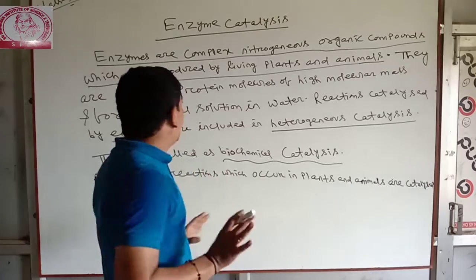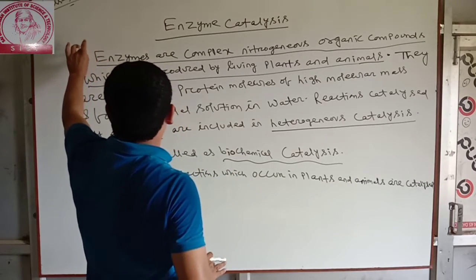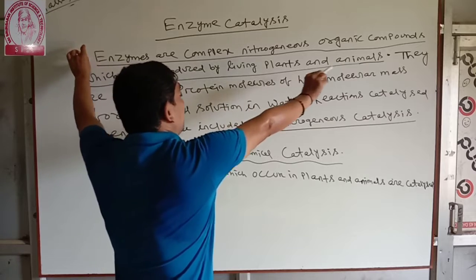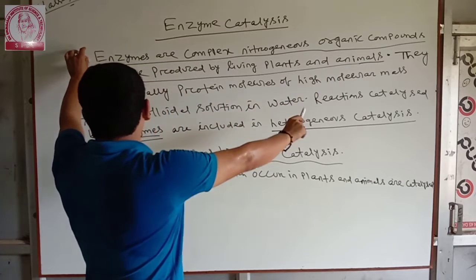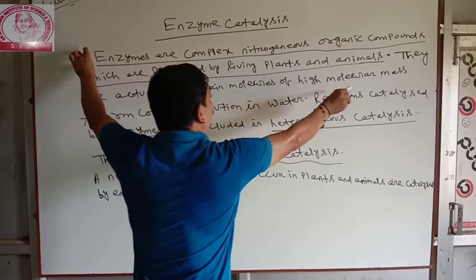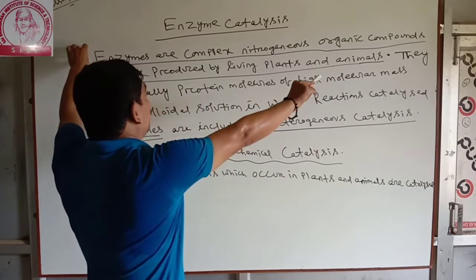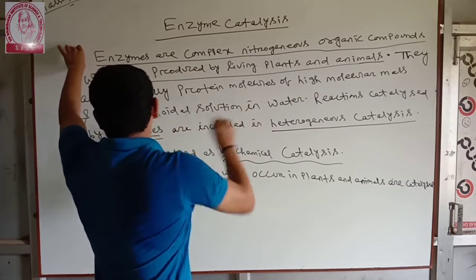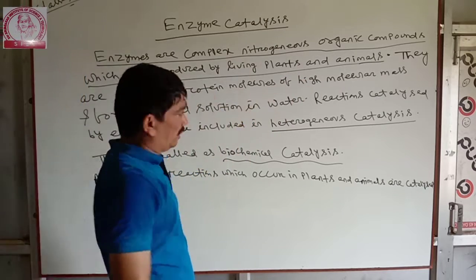If you cannot write everything, simply write this first part: enzymes are complex nitrogenous organic compounds which are produced by living plants and animals. Next, they are actually protein molecules of high molecular mass and form colloidal solution in water.